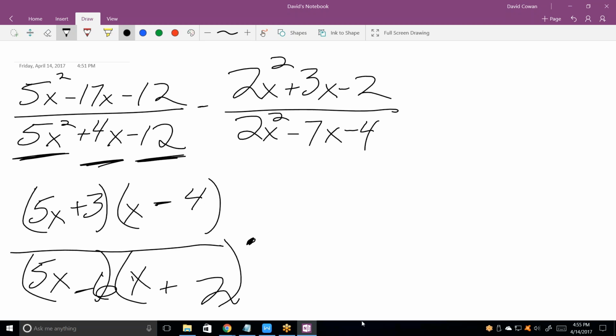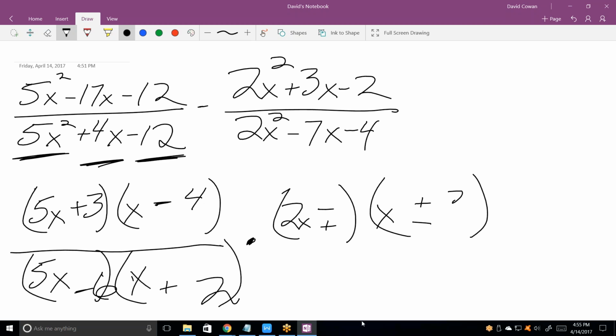Now, factor the upper right. Split the x's up. What are they? 2x and x. Signs are opposites, so it's either minus plus or plus minus. Factors of 2, there are not very many.